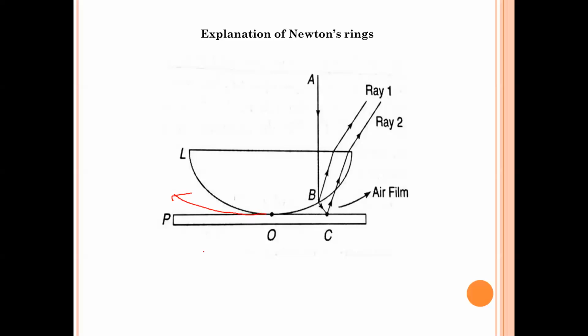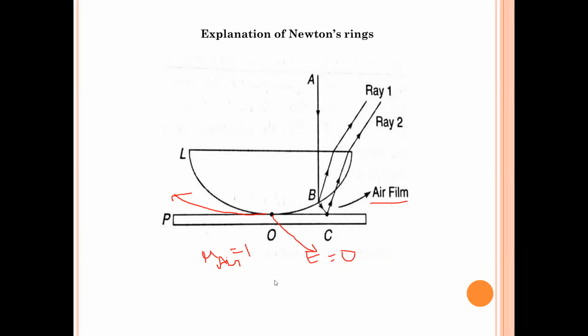Also, one important point is that the refractive index of air is 1. And another point is, at the point of contact O, the thickness of the air film is 0. That is exactly at the point of contact of the plano convex lens and the glass plate.